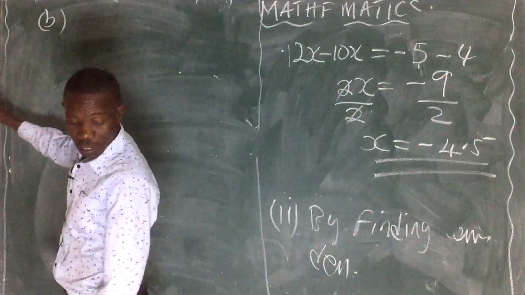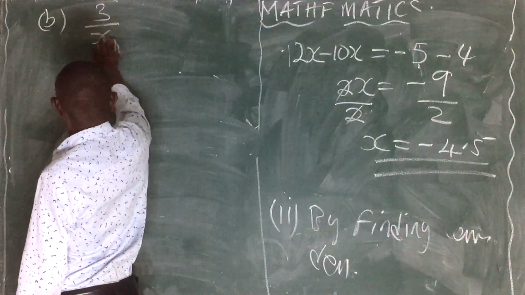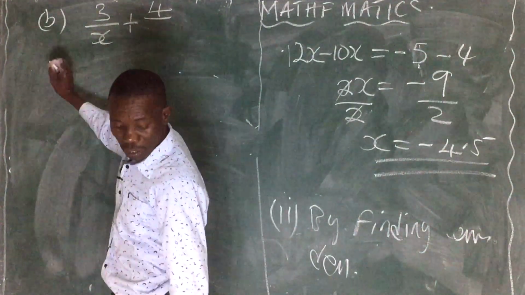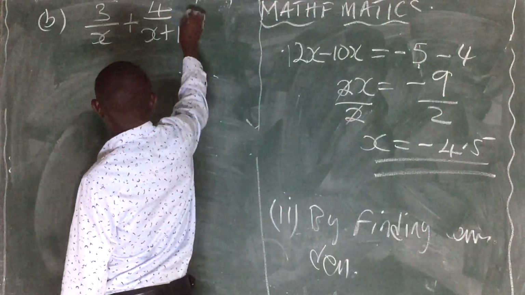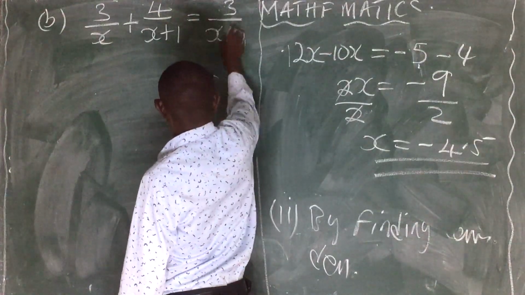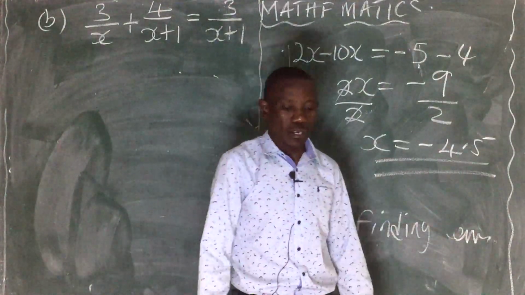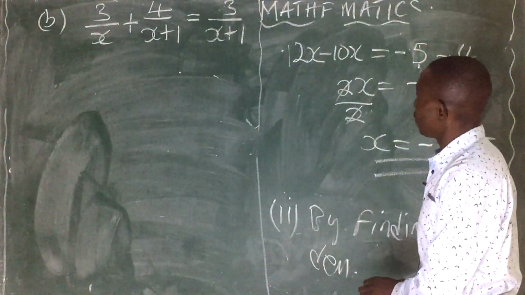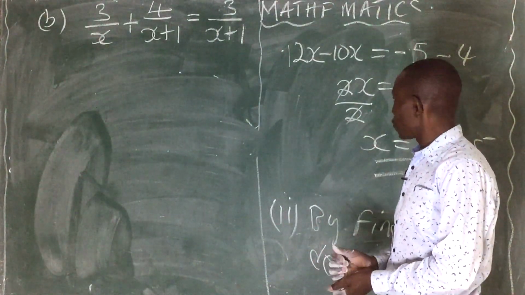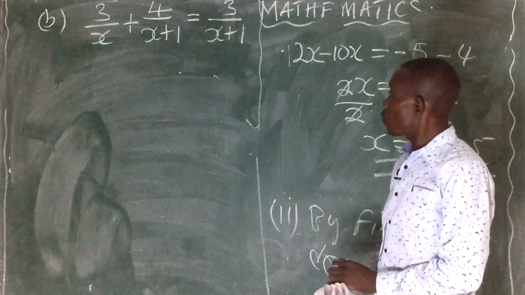This is B. We have 3 over x plus 4 over x plus 1 is equal to 3 over x plus 1. This one is a little bit different from the others, because if you look on the left hand side, we've got 2 fractions, but here we have 1.